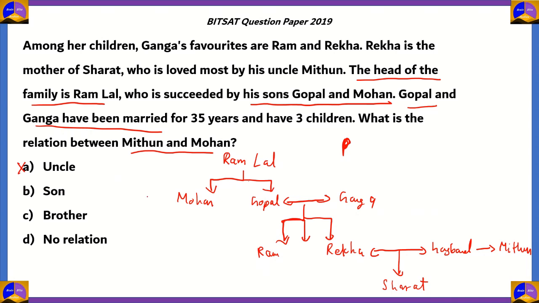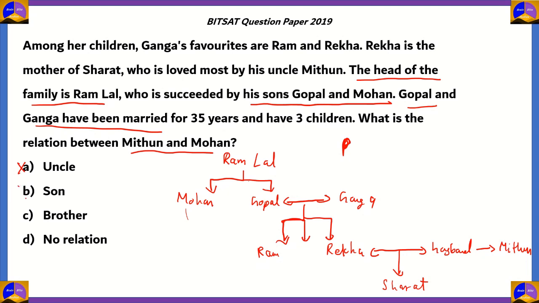What about son? Now, we do not have information regarding Mohan's son, so therefore we cannot assume Mithun to be Mohan's son. Even if we do assume that Mithun was Mohan's son, then that would mean that Sharat would be Mithun's first cousin once removed, which again is incorrect because we know that Mithun is Sharat's uncle.